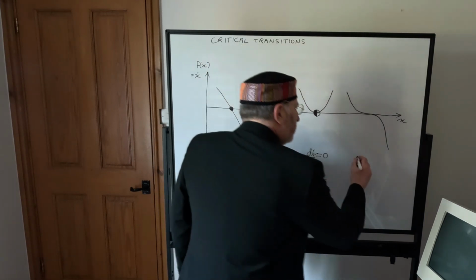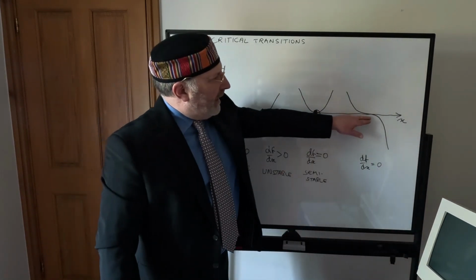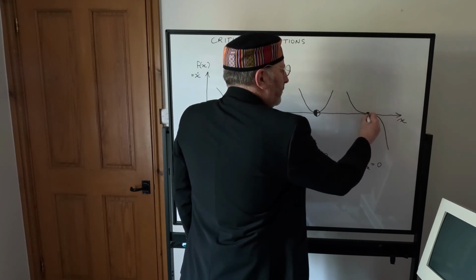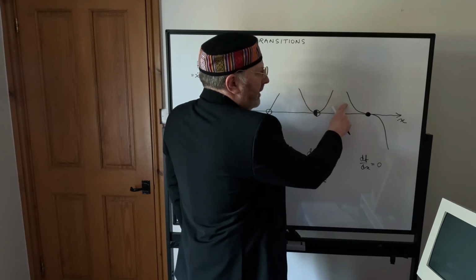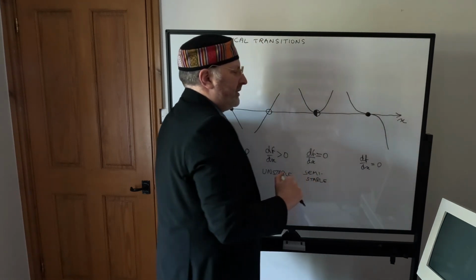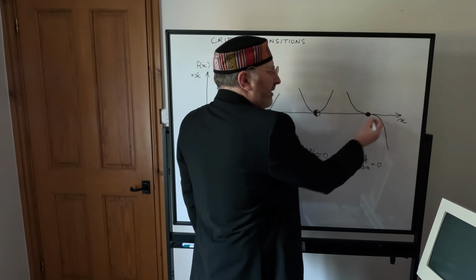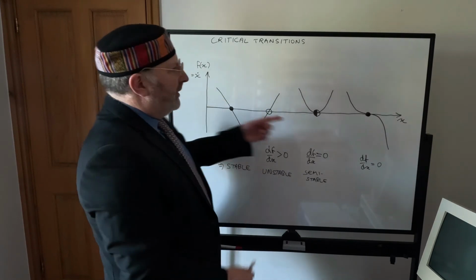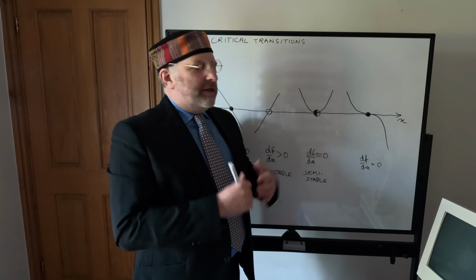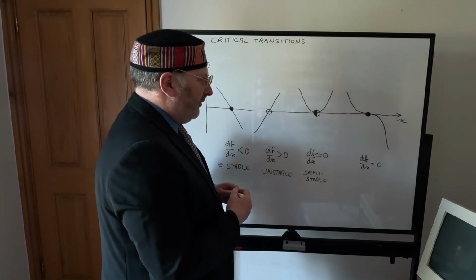And here then we have df by dx equals 0, but this would actually be kind of stable, because below that fixed point this x dot is positive, so it will move towards it, and above the fixed point x dot is negative, so it will move back towards it again. But because the slope is 0 here, and just beyond it on either side the slope is very close to 0, it means the rate of change is very close to 0 around the fixed point. So although it will move back, the rate of change is very slow. So it is stable, but it's very slow at returning to its equilibrium position.